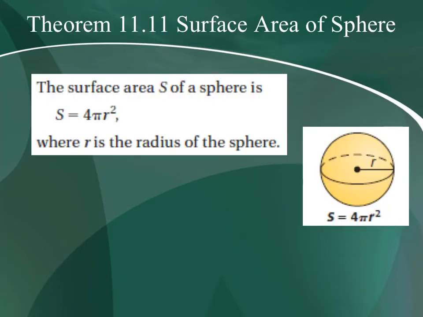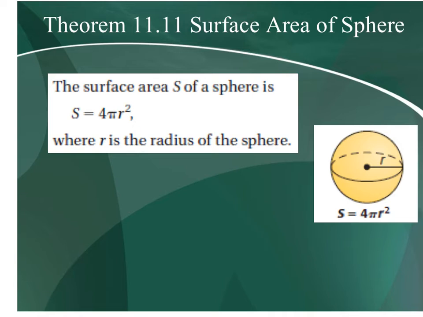Next slide. Here is the formula for surface area of a sphere. Now, we don't have lateral area. All we have is surface area, and it's 4 times pi r squared, where r is the radius of the circle.